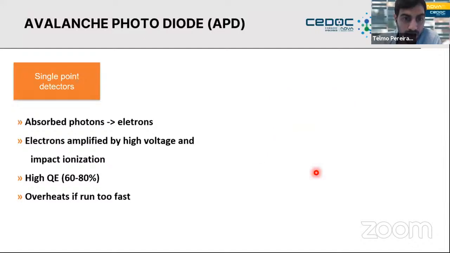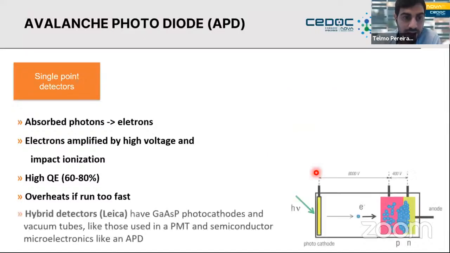Okay. One of the types of detectors that you probably have in your institutes is the hybrid detectors. That's a property of Leica. These are a combination of these two technologies that I showed you, so they are called hybrid detectors exactly because of that. They have GaAsP photocathodes and vacuum tubes, so the architecture is similar to a PMT.